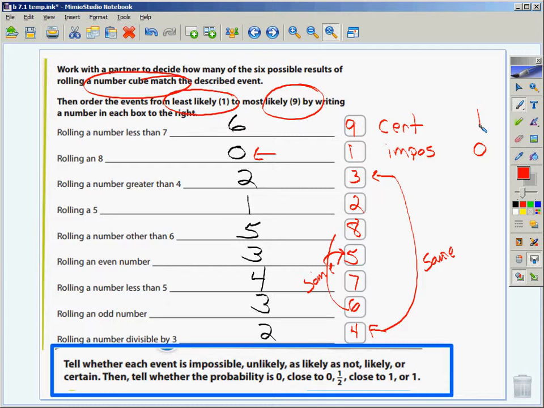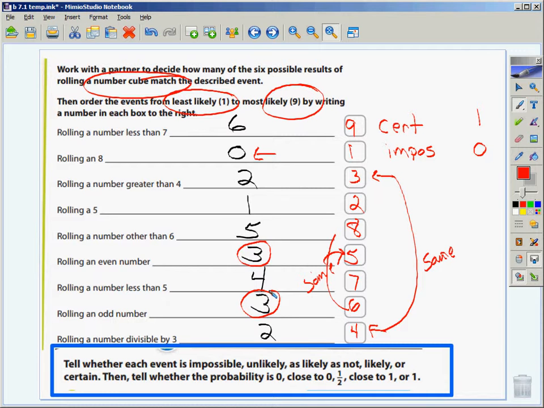The next ones that we should look at are the ones that are right in the middle. They're as likely as not. Which ones are in the middle? The one that has a 3 in it. Because how many sides are on the cube? 6.